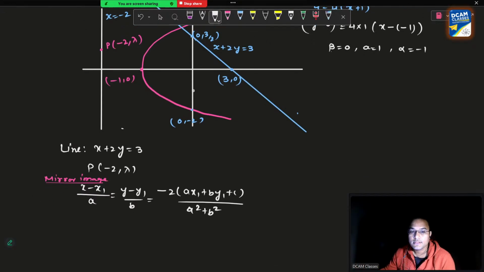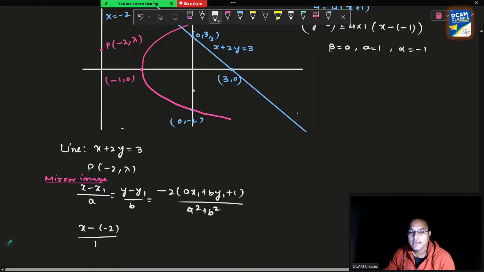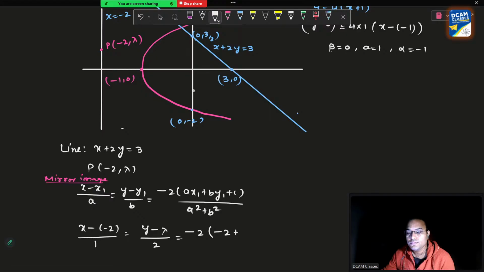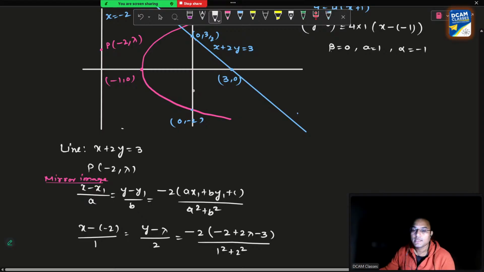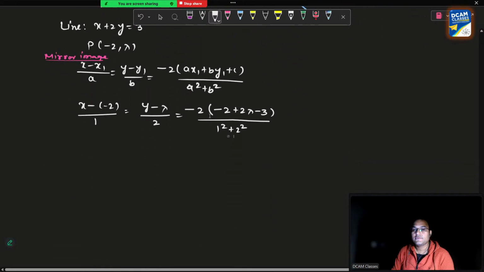Now our point x1 is -2. What is our line? This is 1. (y minus lambda) by 2, minus of 2 into (-2 plus 2 lambda minus 3) divided by (1 square plus 2 square). You'll get the value of x and y.